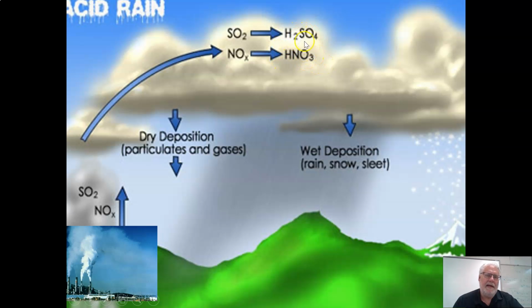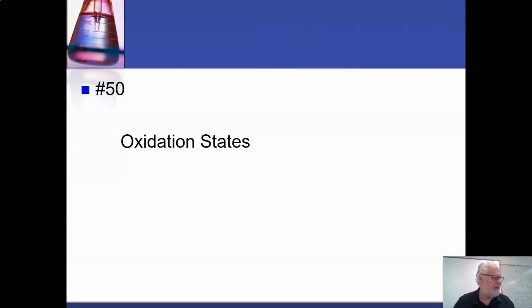And that is not a good thing when that gets up there in the clouds, because they'll come down in the wet deposition, also known as rain, snow, and sleet, and affect the ecosystems. These types of things can dig into concrete structures, and limestone actually literally bubbles its way through there. So this is a very real problem, and question 49 deals with acid rain, and now you're somewhat of an expert on the topic.